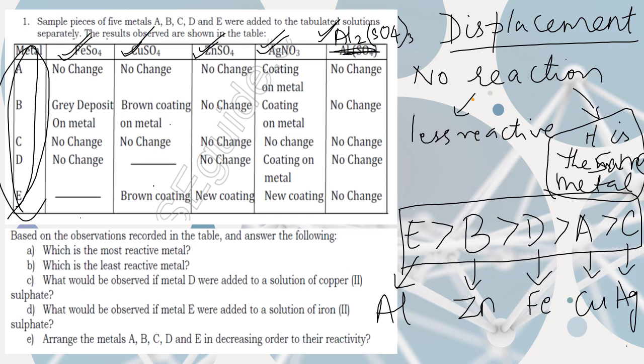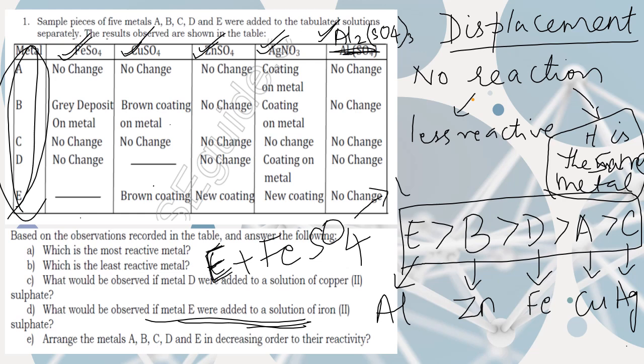So that is how we will find out what should be the formula here. When aluminium is reacted with ferrous sulfate, even though we are writing it as E, we know it is aluminium. So the product will be E2SO4 thrice, Al2SO4 thrice. Replace that Al with E, E2SO4 thrice plus Fe.